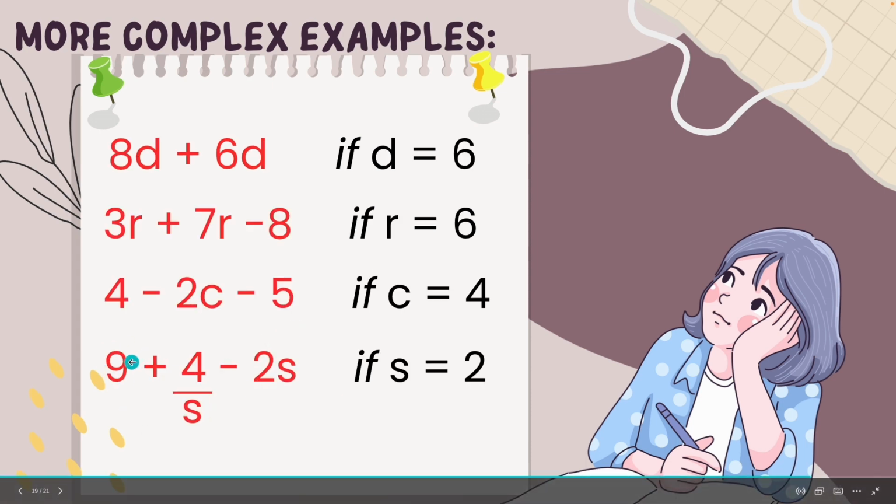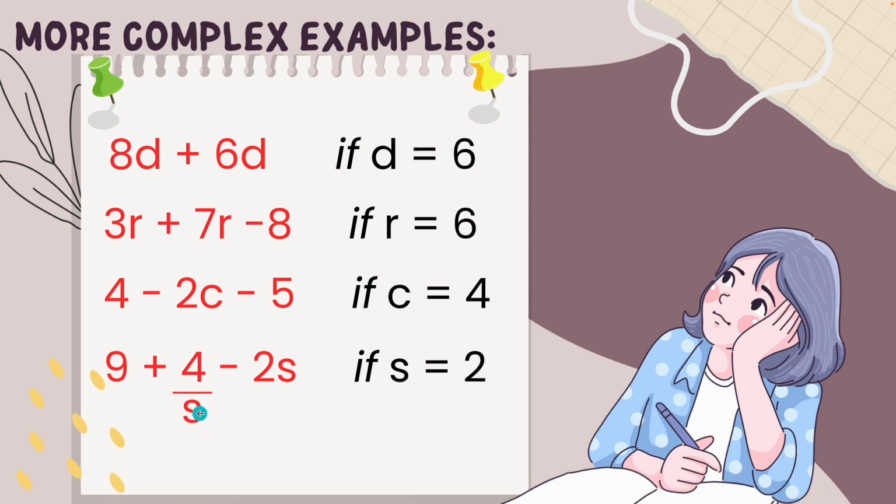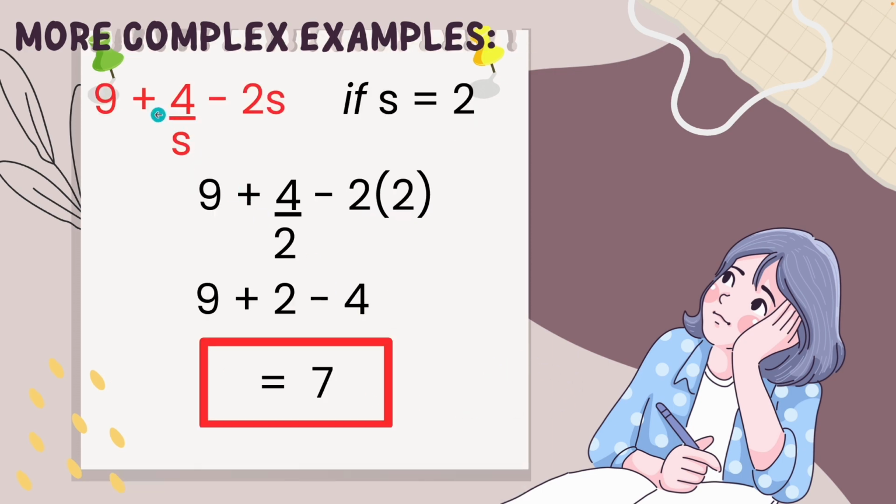Next is 9 plus 4 divided by s, or 4 over s, minus 2s. And then s is equal to 2. So that will be 9 plus 4 divided by 2, since s is equal to 2 here. And then minus 2 times 2.